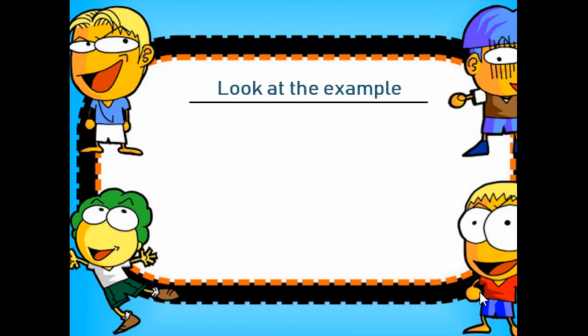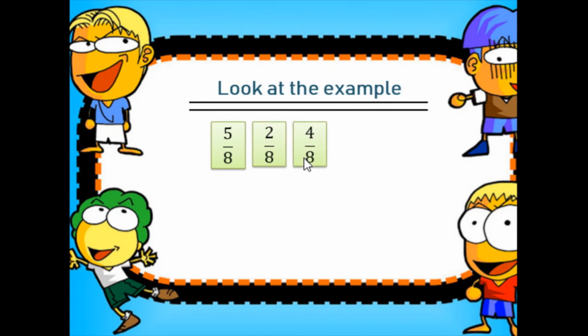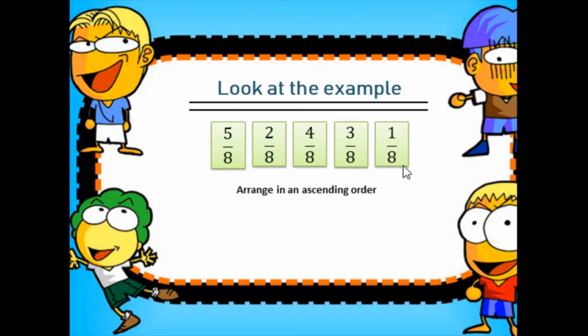Example. 5 eighths, 2 eighths, 4 eighths, 3 eighths, and 1 eighth. You arrange in an ascending order. That means it's going up. Okay. These fractions are easy to arrange because their denominators are the same.